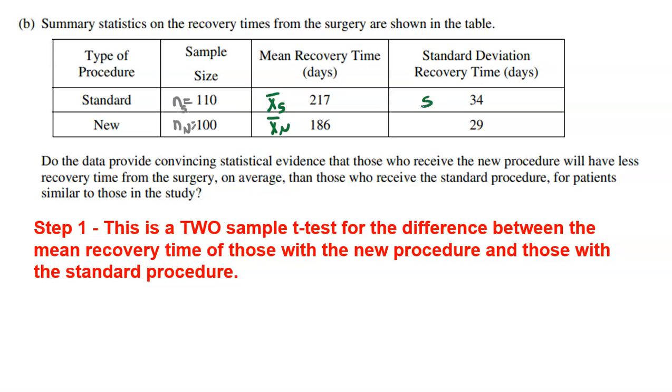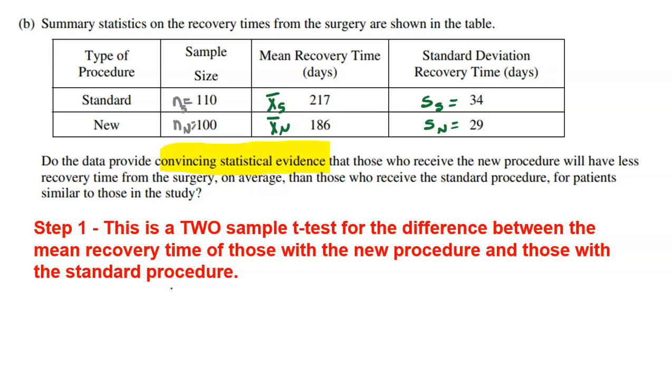And we also have the standard deviation for the standard procedure and the standard deviation for the new procedure. Now, just saying, well, 217 is greater than 186, case closed, looks like the new procedure is going to require a faster recovery time. Well, come on, we know that's not good enough. We do have to actually conduct a test here because they want us to look for convincing statistical evidence.